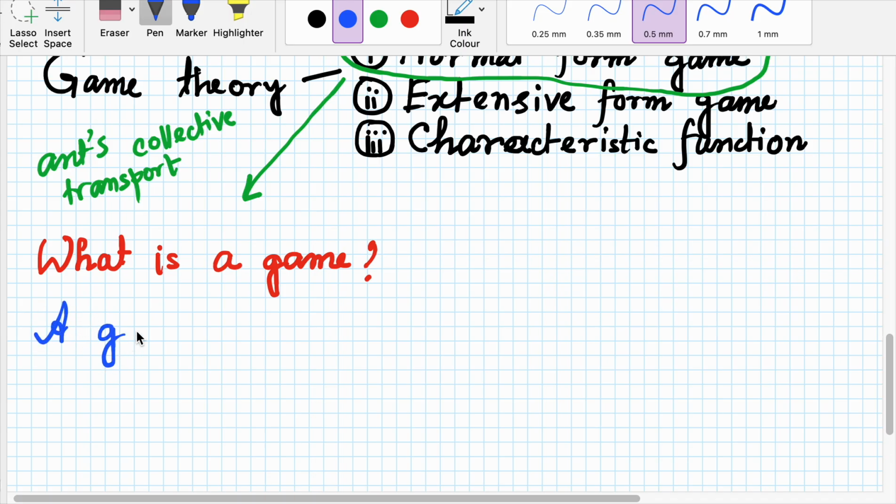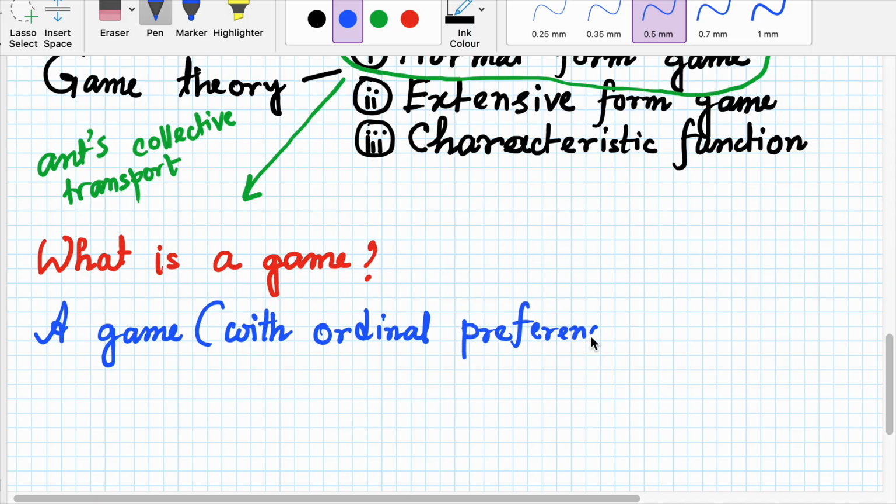A game with ordinal preferences consists of three components.